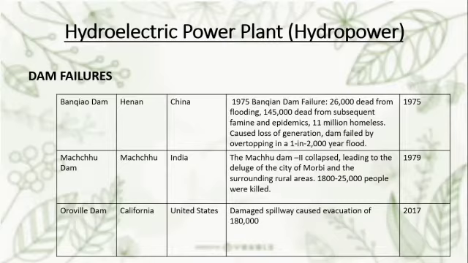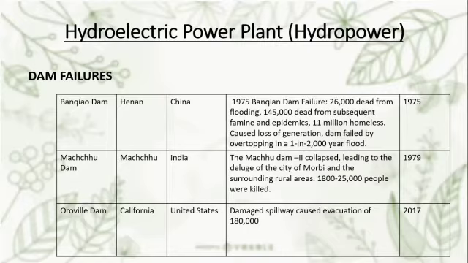Next is Machchhu Dam, and ito sa Morbi, India. The Machchhu Dam collapse led to the devastation of the city of Morbi and the surrounding rural areas. 1,800 to 25,000 people were killed in ito yung year 1979.